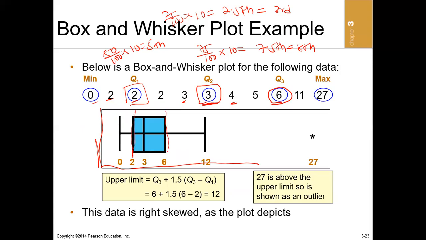Then the other end of this box is at 6 because 6 is the third quartile. So the beginning of the box is at the first quartile and the end of the box is at the third quartile, as we've done here.